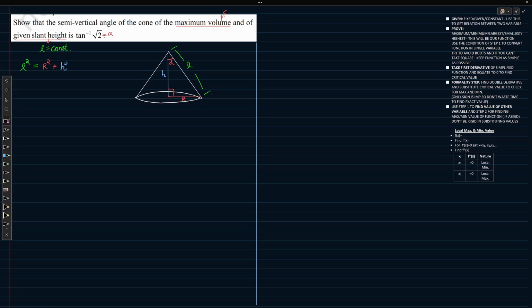Since slant height is constant, this relation will give us the relation between the two variables R as well as H. Equation 1: volume of the cone equals pi by 3 R square H. Pi by 3 is constant; instead of R square from equation 1 we can substitute L square minus H square into H. Making the function in terms of H will be convenient. Expanding the bracket, we'll get pi by 3, constant, inside the bracket L square into H minus H cube.